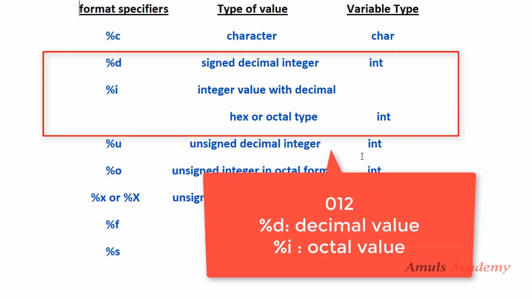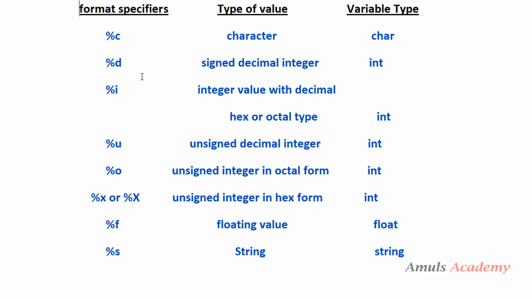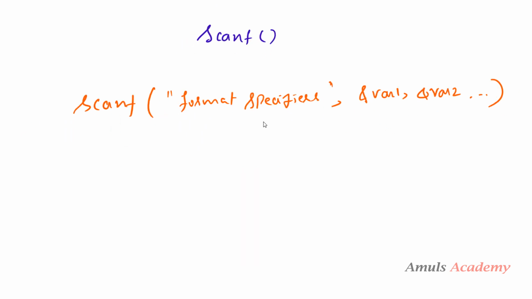So if you give 012, %d treats that as the decimal value 12, but in %i, because it starts with 0, it will treat that as an octal value. The rest of the format specifiers are the same. So this is about the format specifier.